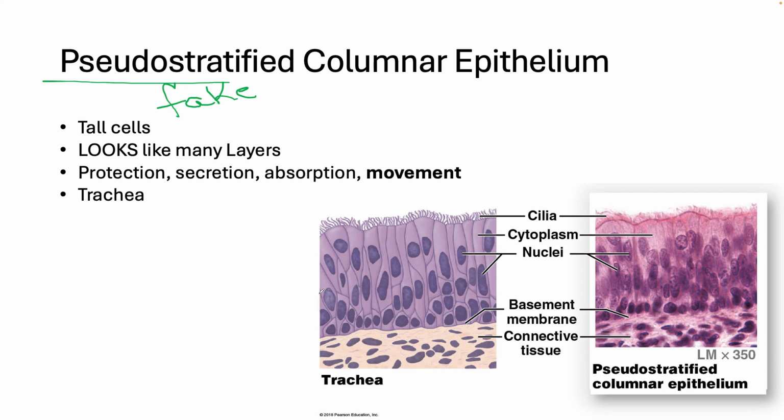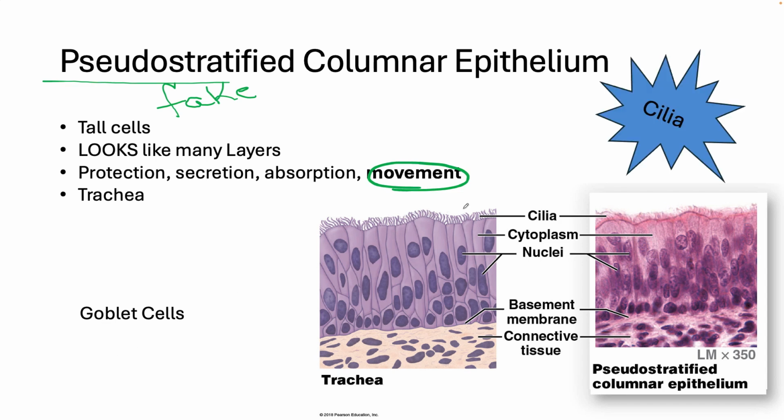Now these guys are also associated with goblet cells, and you find them in the trachea and the respiratory epithelium. And those goblet cells are producing mucus. Like simple columnar epithelium, we have protection, secretion, and absorption, but we have a new element here, and that's because these cells also are involved in movement. That's because you have these little brushes on the tops of the cells called cilia.